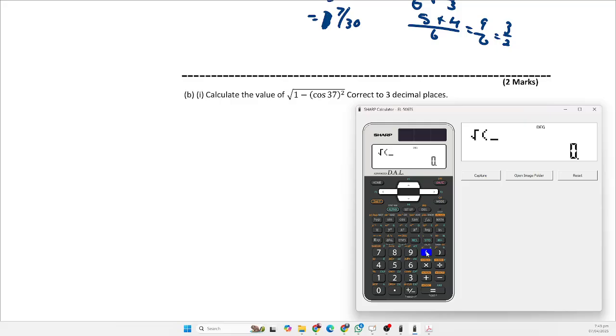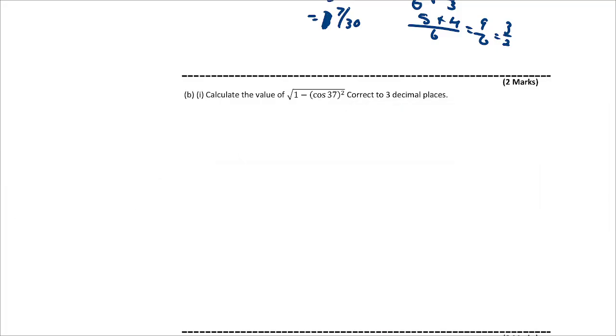This is telling my calculator whatever is in this bracket is what I want you to find the square root of. 1 subtract, put a bracket again, cos 37 close bracket squared. So it has open and close bracket, but we still need to close this bracket, right? Then you close it. Again, you will tell the calculator, I need to find the square root of whatever is in the bracket. And your answer would be, they said 3 decimal places, so 1, 2, 3, so it'll be 0.602.